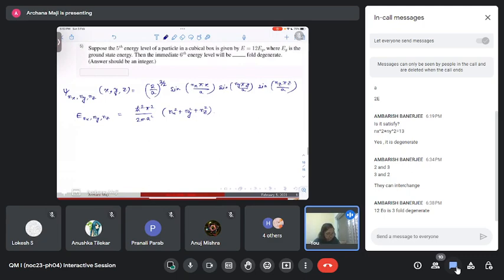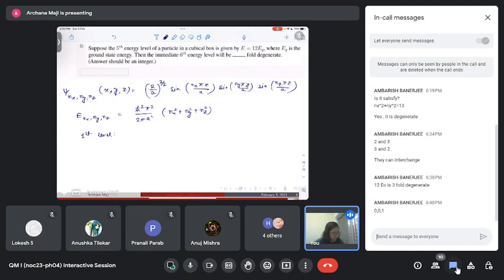So let's do it then. For the first energy level, nx, ny, nz all should be 1 or 0. So again, you don't need your wave function to vanish.